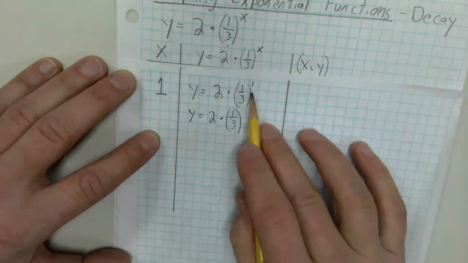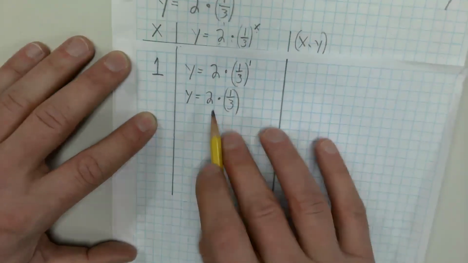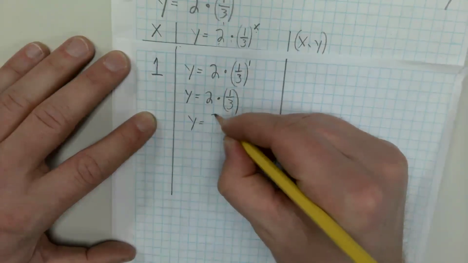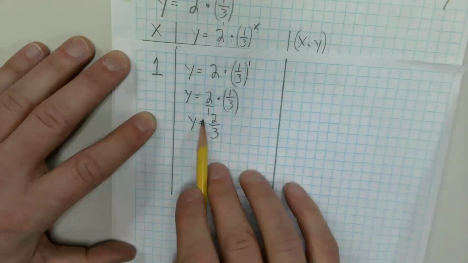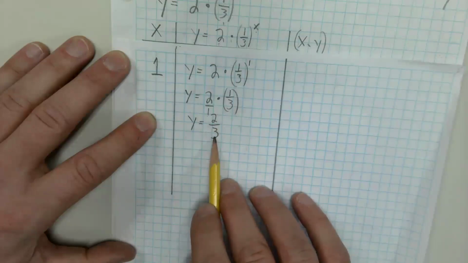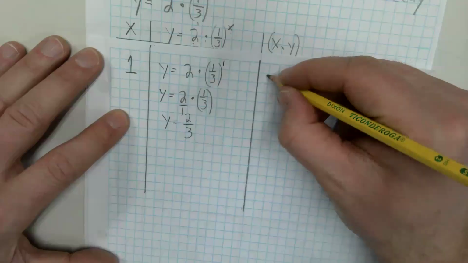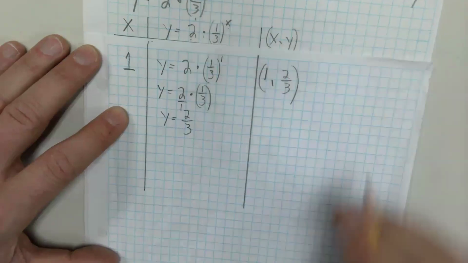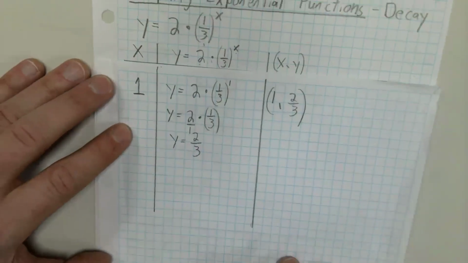Nothing changes because anything raised to the one power is the same as the base itself. 2 times 1/3. That's going to give me 2 over 3, right? I just multiplied across. I took the 2, turned it into 2 over 1. 2 times 1 is 2. 1 times 3 is 3. So we are going to deal with some smaller numbers here. And my point is 1 comma 2/3. And we'll deal with that in the next part when we're graphing.